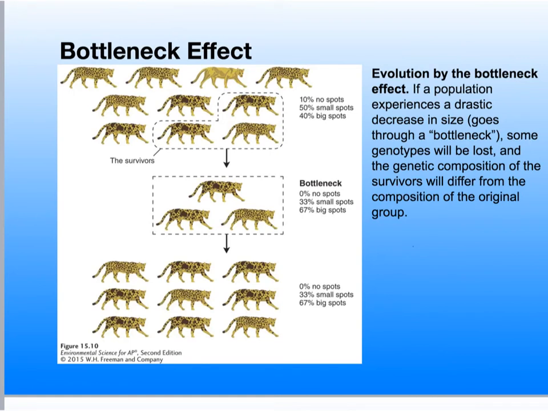Only the few individuals that survived were able to reproduce. So now we actually don't have any cheetahs on the planet that don't have any spots. That's a complete trait that's been lost. And now we have a lot of them with these large, big, blotchy spots. And so finding a cheetah with these tiny little spots is actually pretty rare these days.